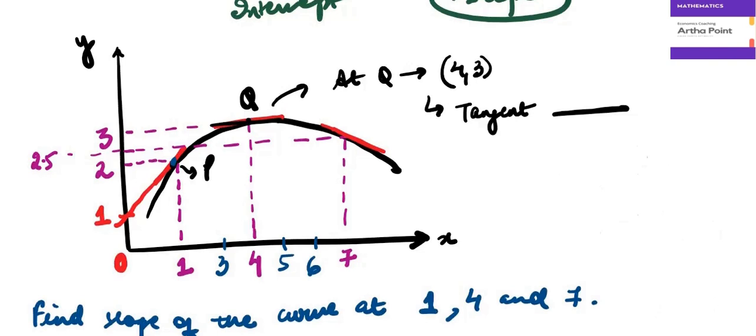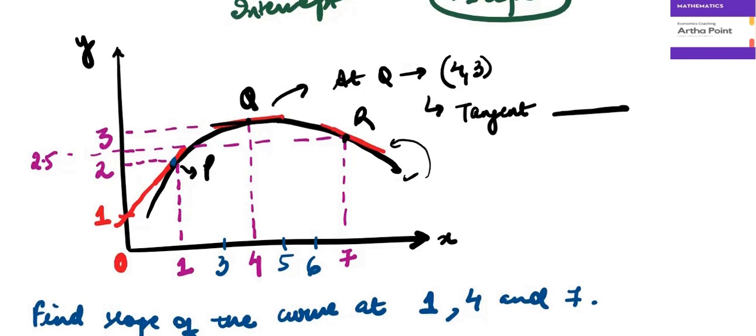Okay, now just do one last case for me. Find out the slope of the curve at point, let's say R. Again, you will ask me the same question, that to find the slope of this curve at R, one point is not sufficient, because to find the slope of the curve, I will have to find the slope of the tangent.